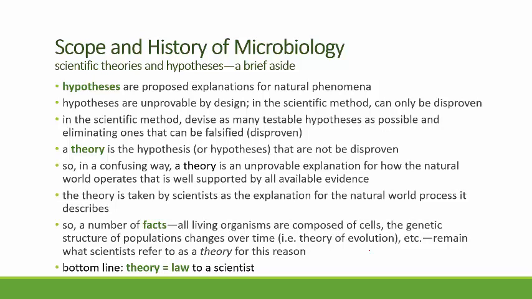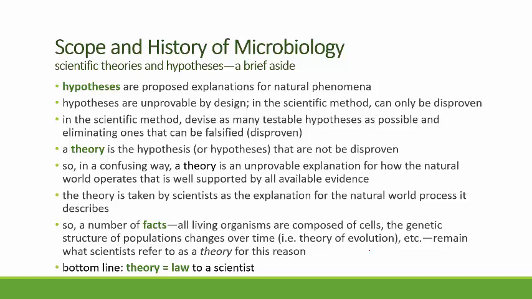And in this way, as one hypothesis after another is disproven, we are left with a hypothesis that cannot be disproven. And so when enough evidence builds to suggest that this hypothesis is actually very explanatory of whatever the natural phenomenon is, then that hypothesis or a set of hypotheses will be elevated to a theory.